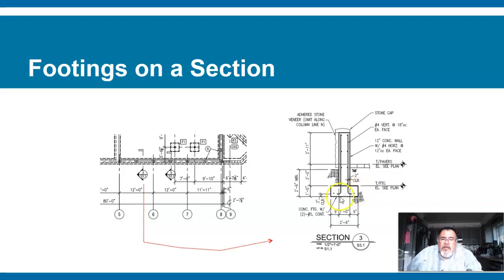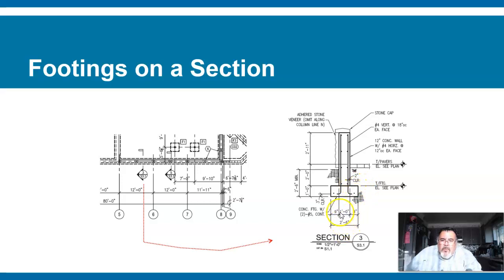The footing is 1 foot tall, 2'6" wide, with a stem wall that rests above it. Looks like 1 foot wide, with 9 inches of a step on both sides.